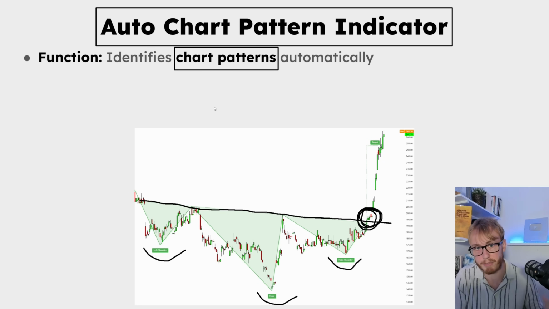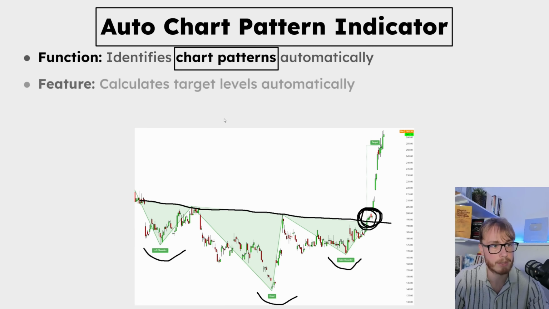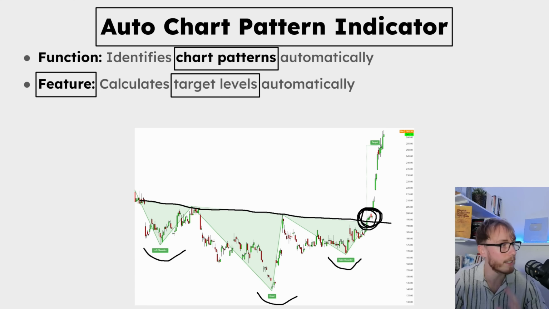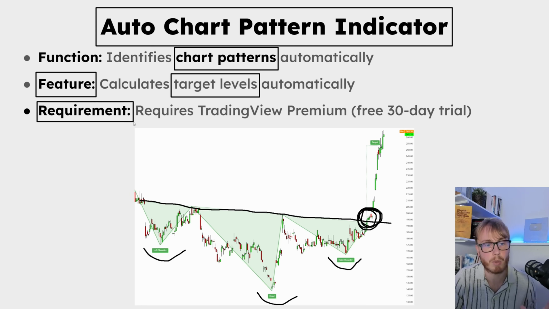It's a bit different from the indicators we have been talking about earlier, but don't worry, I will show you guys how we can combine this indicator with the strategy we have been talking about. And as I mentioned, one feature of this indicator is that it finds target levels automatically, and that is very, very nice. The only downside with this indicator is that it has a requirement.